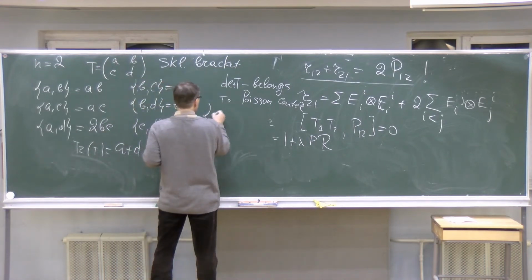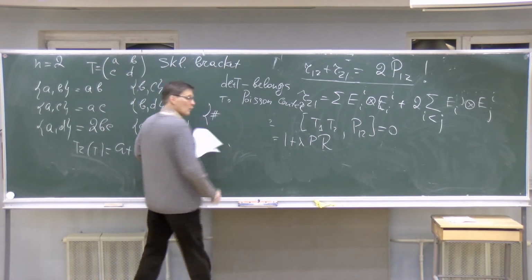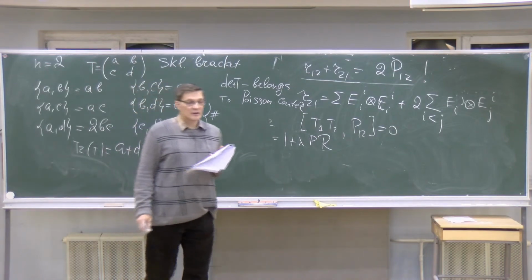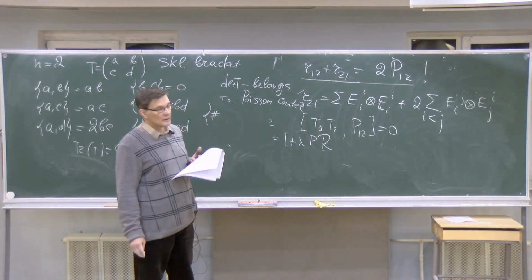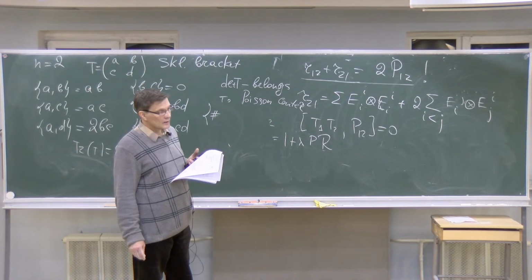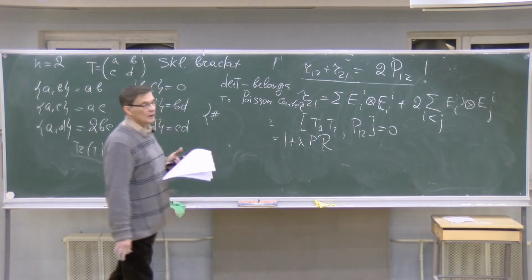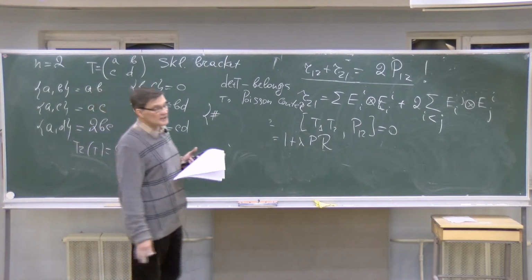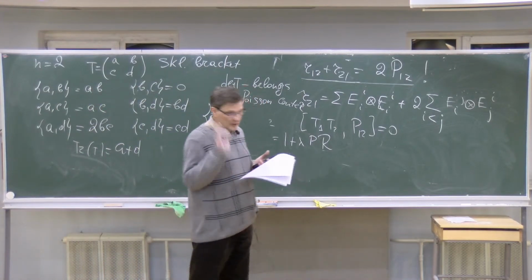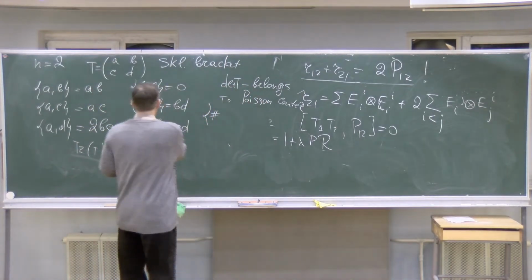This means that only the determinant is central. Only when n is equal to 2, or for any n? For any n. It can be more or less easily proved for any n.